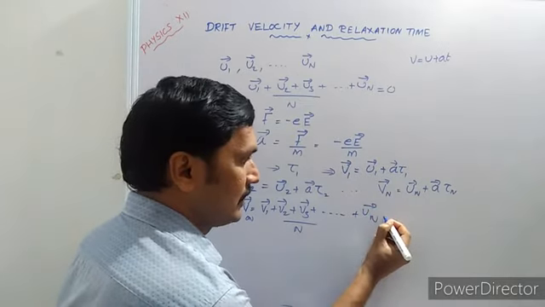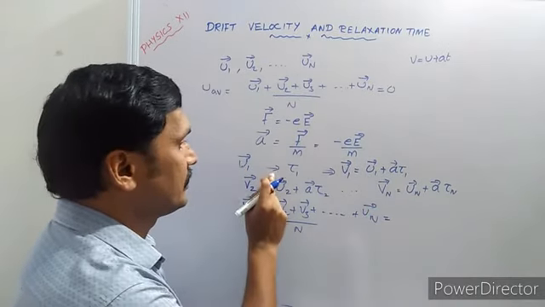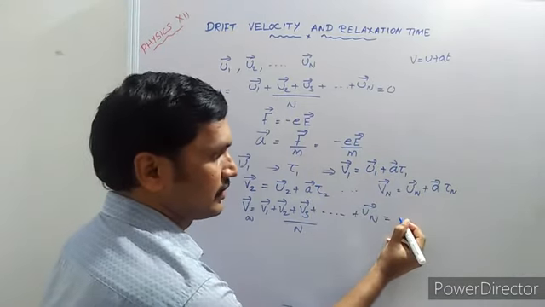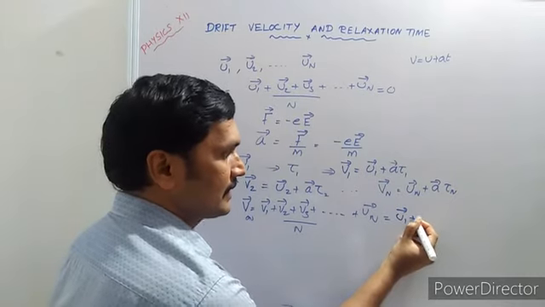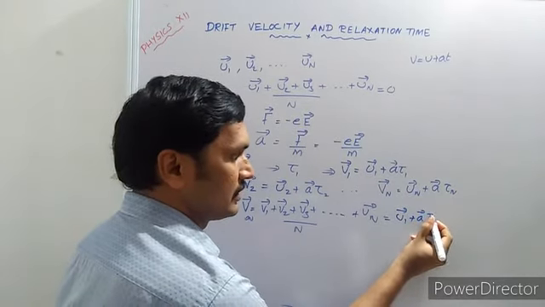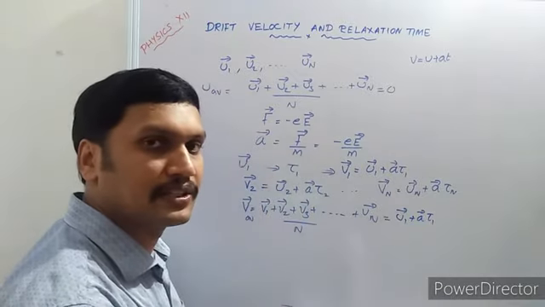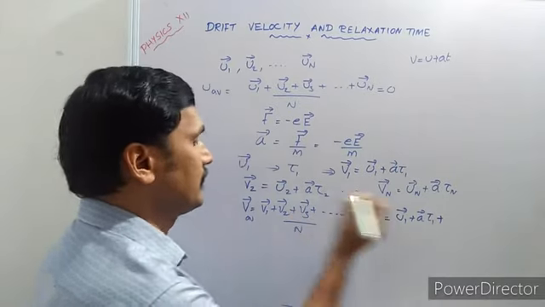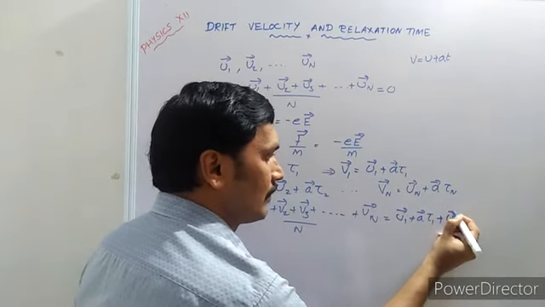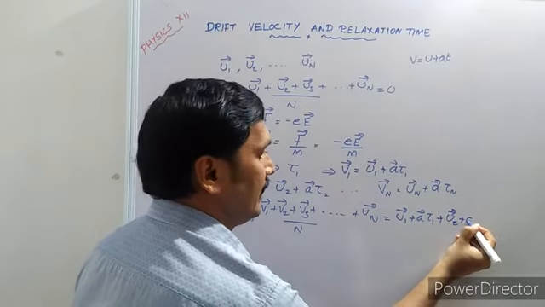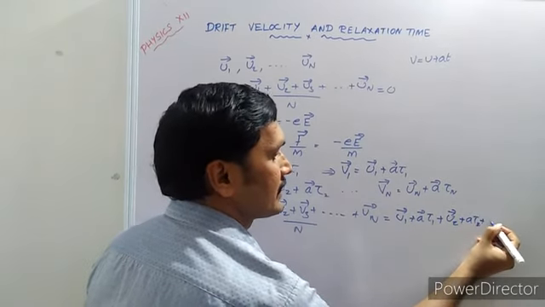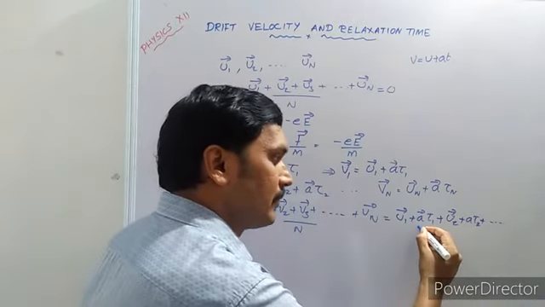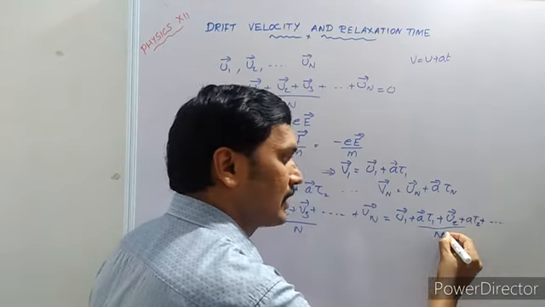Now substitute this value. What is v1? v1 is equal to u1 plus a into tau 1, the relaxation time tau 1, plus what is v2? v2 is equal to u2 plus a into tau 2, plus etc. up to the nth electron, by the number of electrons n.